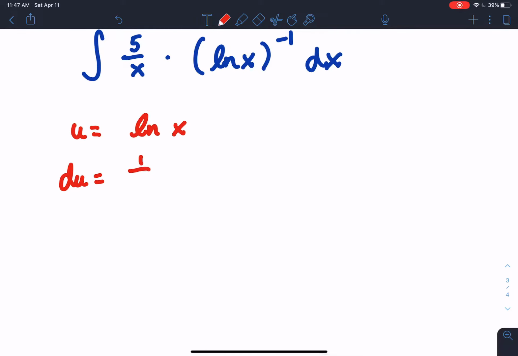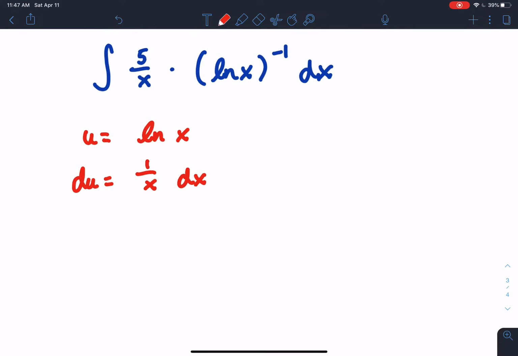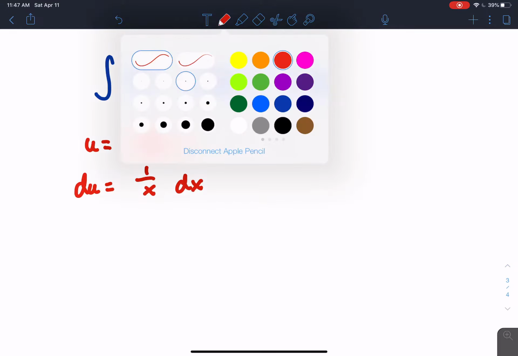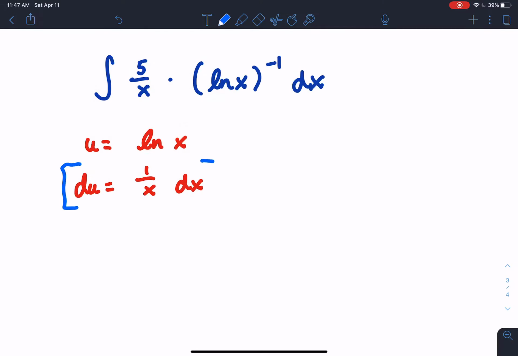So you have 1 over x dx. What would you need to multiply everything by so that you get 5 over x dx? It should be pretty obvious you just need to multiply by 5, since 5 times 1 over x is 5 over x. So you get 5 du equals 5 over x dx.